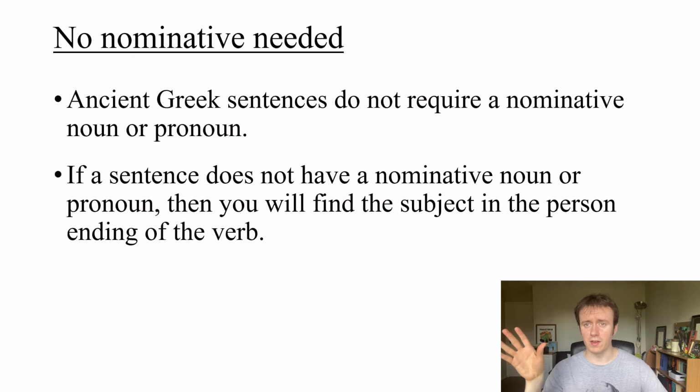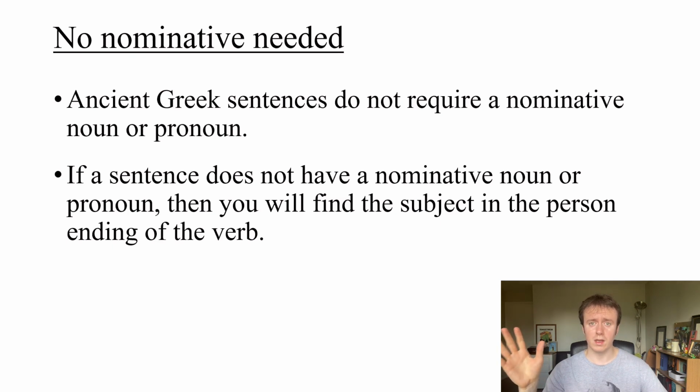Now, this idea that no nominative noun or pronoun is needed necessarily in an Ancient Greek sentence may be quite intuitive to some of you, especially if you already know an inflected language. That is to say, a language where the endings of words dictate the meaning rather than the word order. However, I know that many people, especially those learning Ancient Greek as their first inflected language, find this idea difficult.